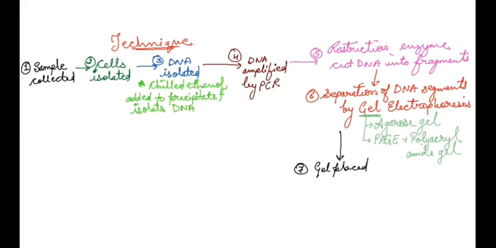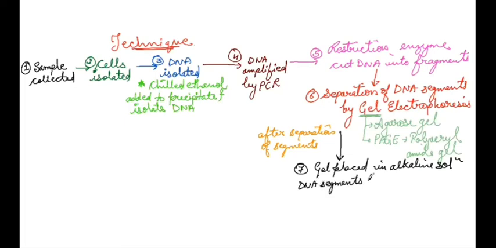After separation of segments, we have step number 7 where the gel is placed in alkaline solution, and what will happen? The DNA segments will become single stranded.